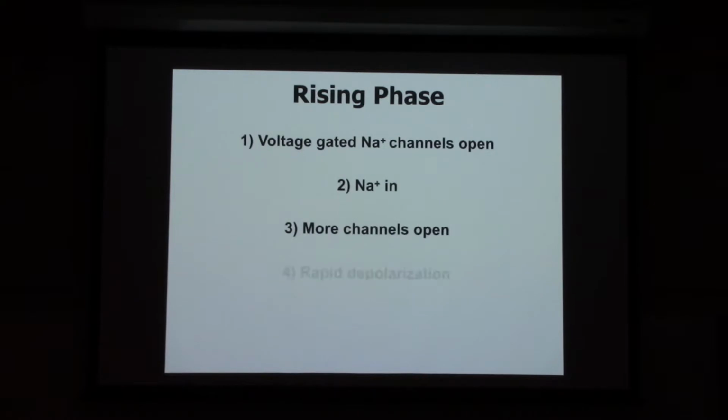And this keeps building and leads to this rapid depolarization. So these voltage-gated channels, they're really tuned into this threshold voltage. Once you reach threshold voltage, that triggers all these gates to open. Sodium comes in, depolarizes it more, more gates open, and it leads to this rapid depolarization, that sharp rise in depolarization we saw in the graph.